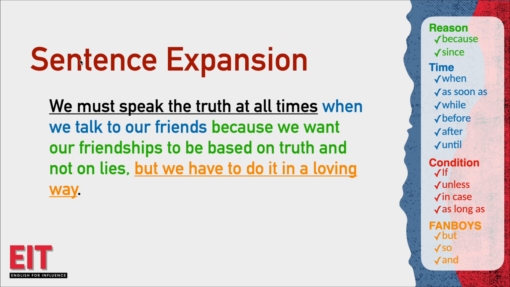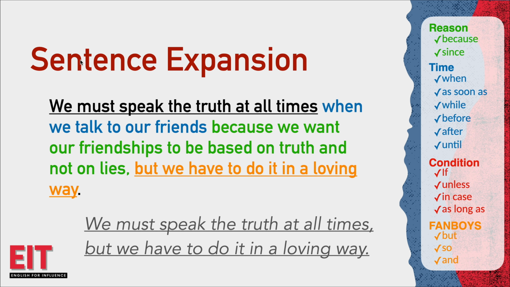Let's try that. Yeah, there you go. We must speak the truth at all times, but we have to do it in a loving way. Even after removing the dependent clauses, our sentence still makes sense. That means our independent clause that starts with but is connected to our first independent clause in terms of meaning.